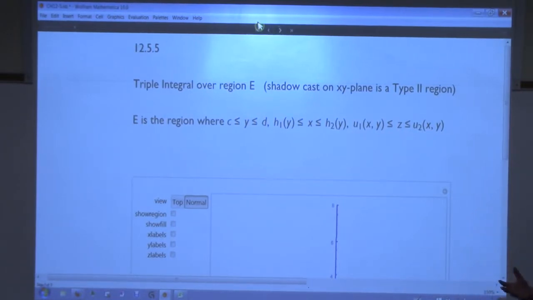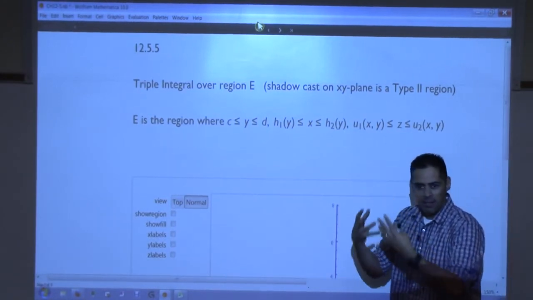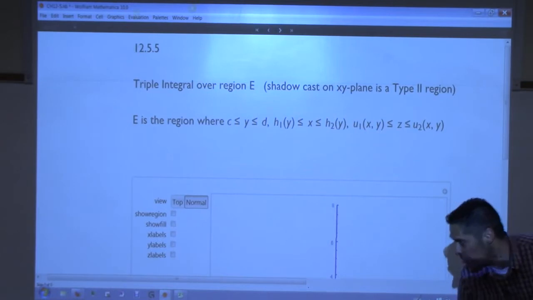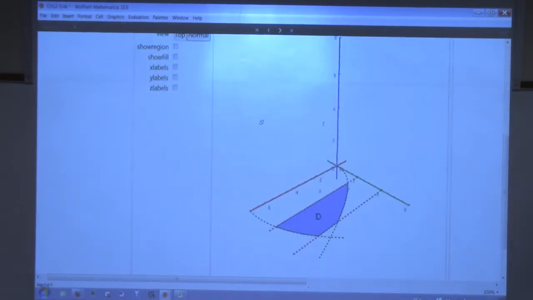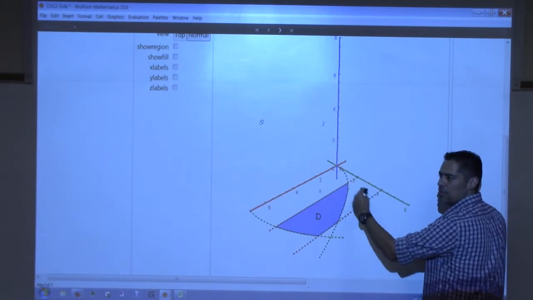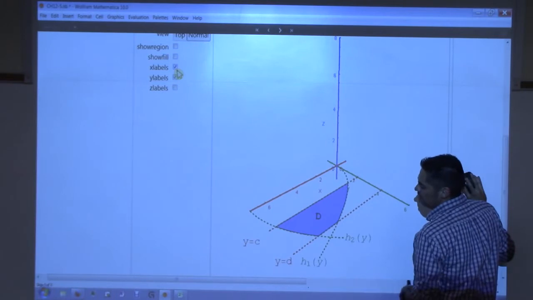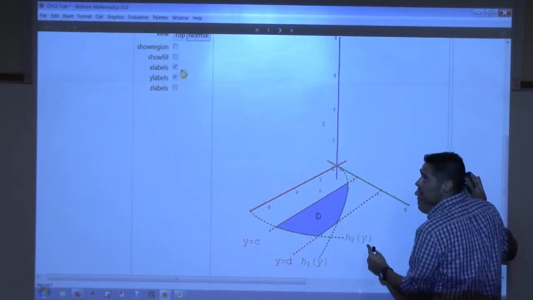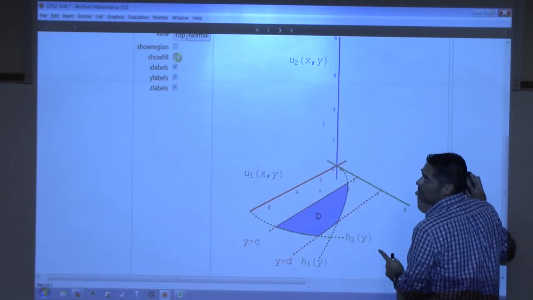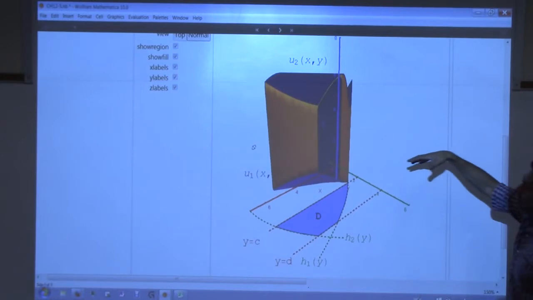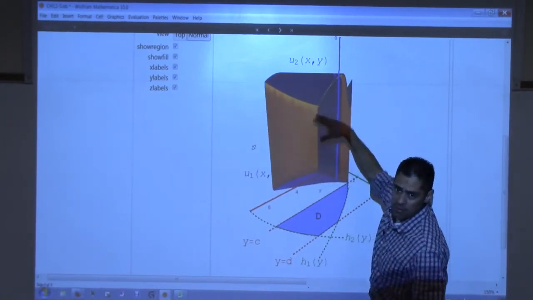All right, so what would happen if I have a solid E, I want to integrate over this solid E, and I look at the shadow on the ground, and it's not a type 1. It's a type 2 from a double integral. Well, the only thing that's going to change is that now your y's are stuck between two constants. Your x's are stuck between two functions of y, and your solid is still stuck between two functions of x and y.